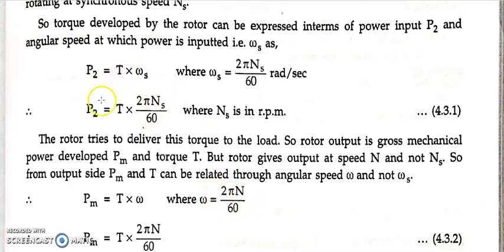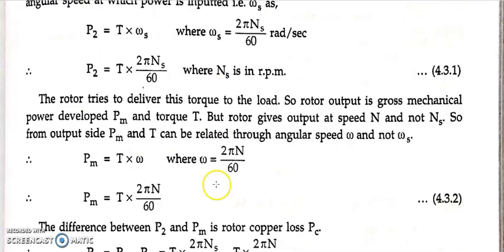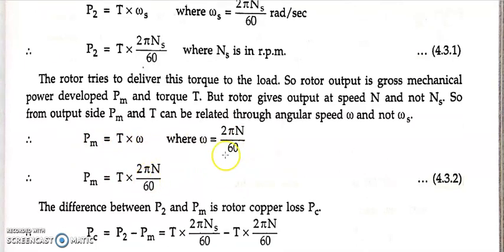Yes or not? And whatever stator is giving, it is synchronous speed, whatever it is with respect to stator. Actually it is with respect to rotor itself, but output of stator is given as input to the rotor. So it is 2 pi ns by 60. But here we know that our rotor never runs at the synchronous speed, so it is 2 pi n by 60. So PM is equal to T into omega. Again same thing, T into 2 pi n by 60.